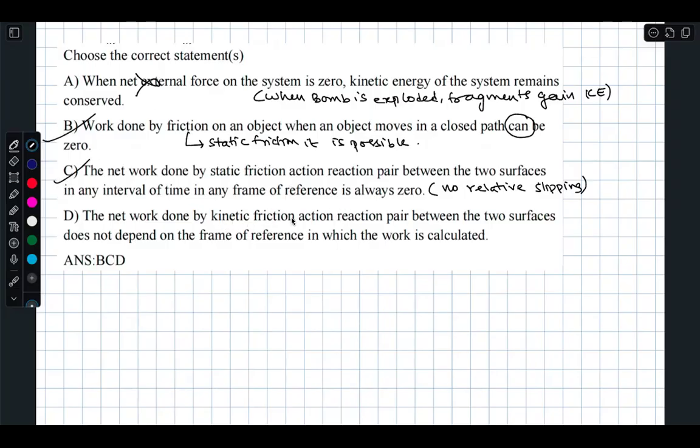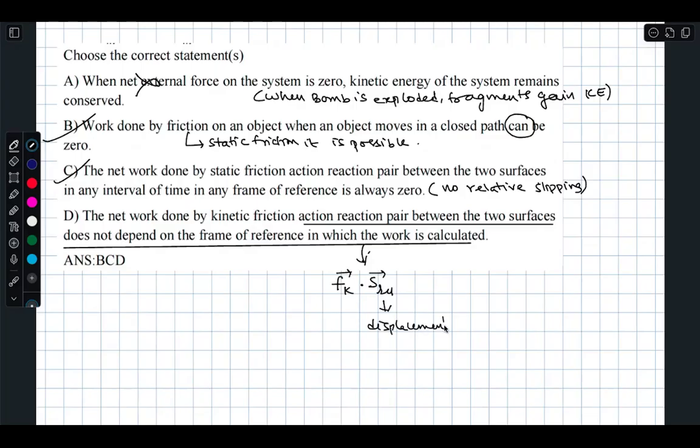The net work done by kinetic friction action-reaction pair between two surfaces does not depend on the frame of reference in which work is calculated. Correct. Because it depends only on two things: kinetic friction dot relative displacement of one surface with respect to the other.